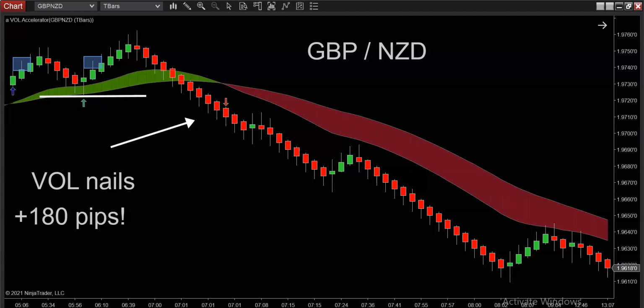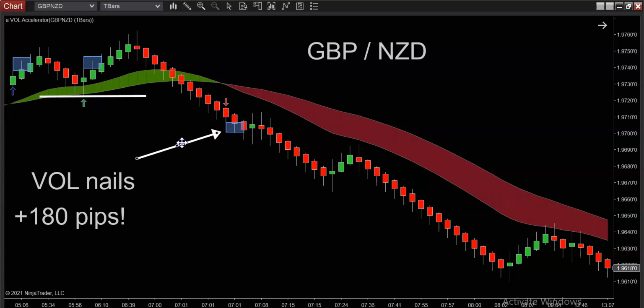Make sense? So let's follow the same rules and the same logic that we did in the previous two trades, okay? So the volume shifts colors right on this bar here, we would go short on the open of the next bar. Make sense? Right over here. Move this arrow.